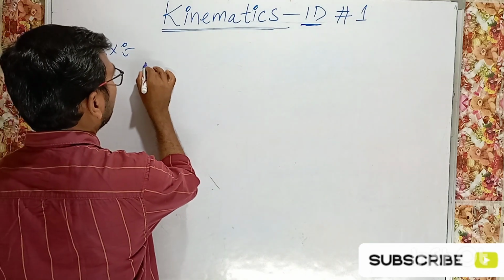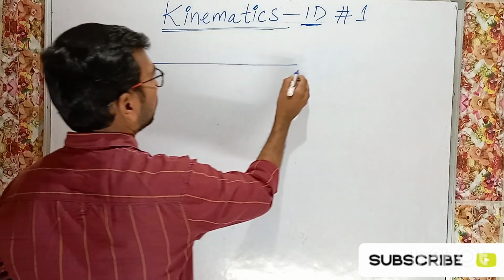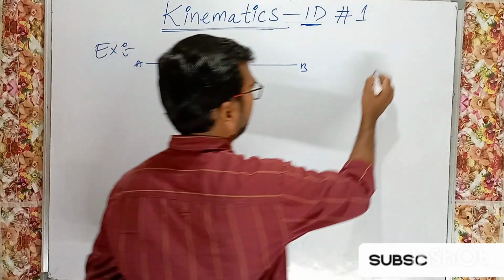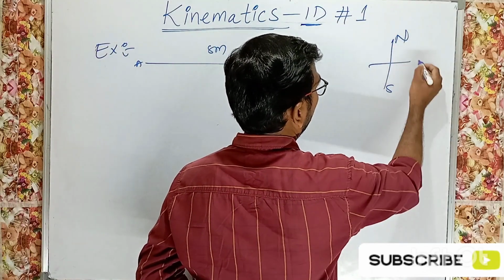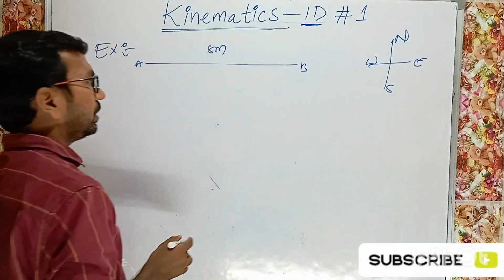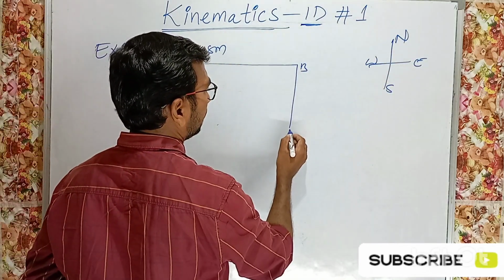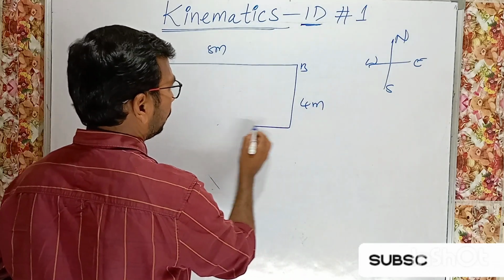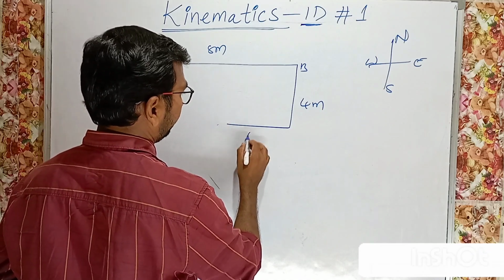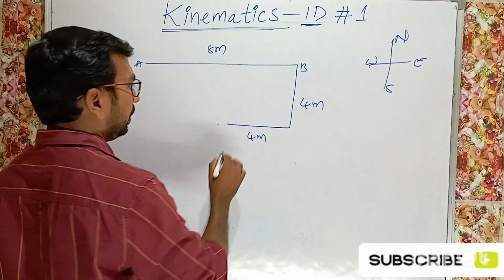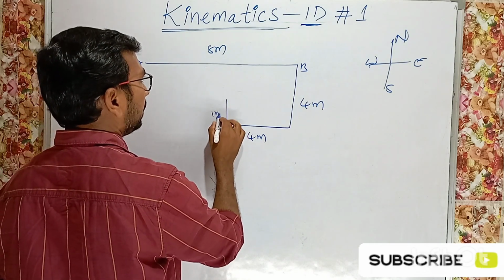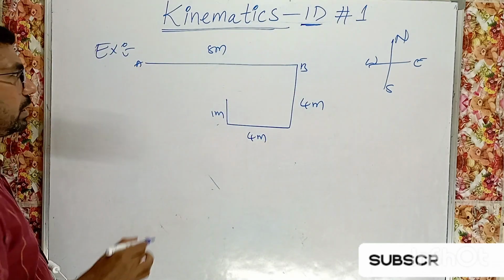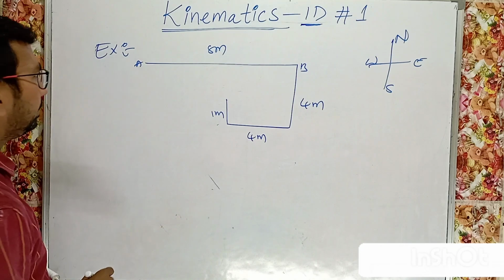A person moves A to B, 8 meters towards east, and then 4 meters towards south, and after that 4 meters towards west, and then 1 meter towards north. In this case you can find out what is distance and what is displacement.